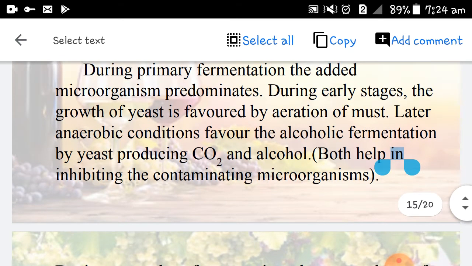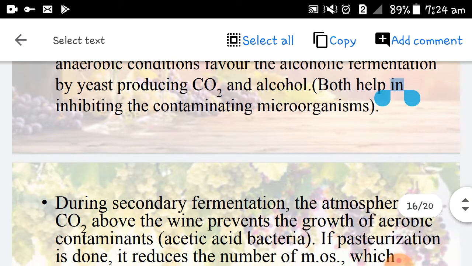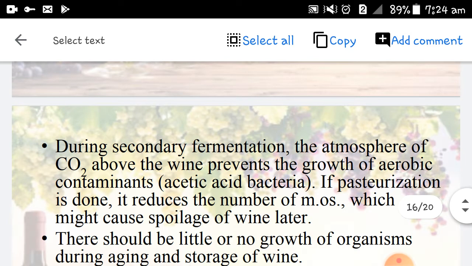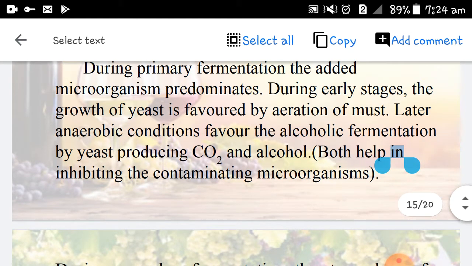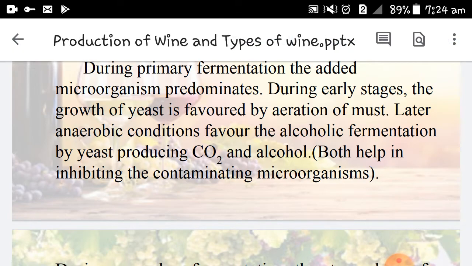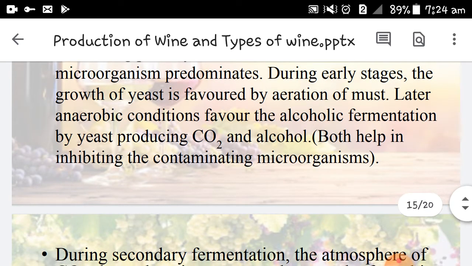Now, during primary fermentation, what happens? Growth of yeast is favored because we aerate the must. During primary fermentation, the added microorganisms predominate because during early stages, when we aerate the must and mix the must, the aeration helps in the growth of the yeast.